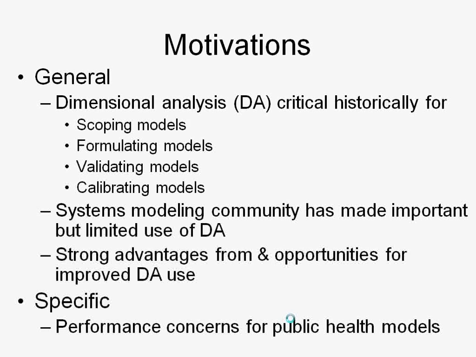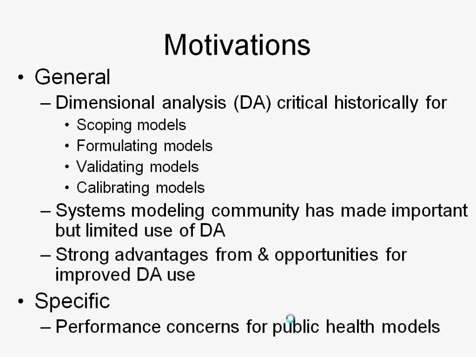They can also be quite useful for a couple other things, including scoping them and creating the equations in the first stage, thinking through what this equation must look like. Amazing things you could do with dimensional analysis. Now, the systems modeling community, and I'll particularly emphasize the system dynamics modeling community, has made use of dimensional analysis for some validation of models, and it's always been good at that, based in its engineering roots.